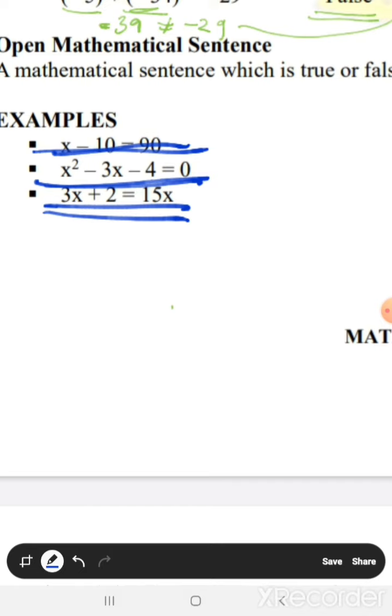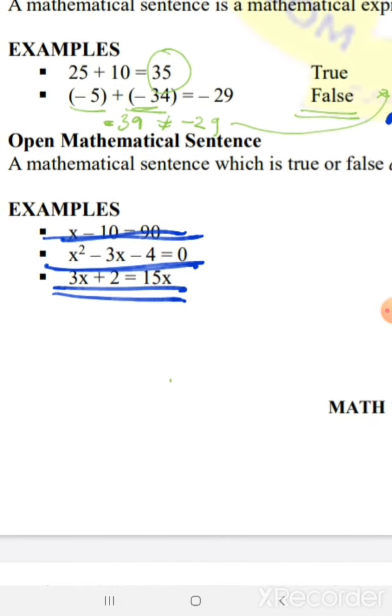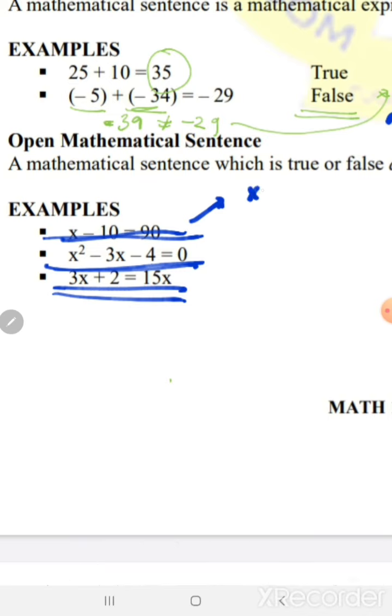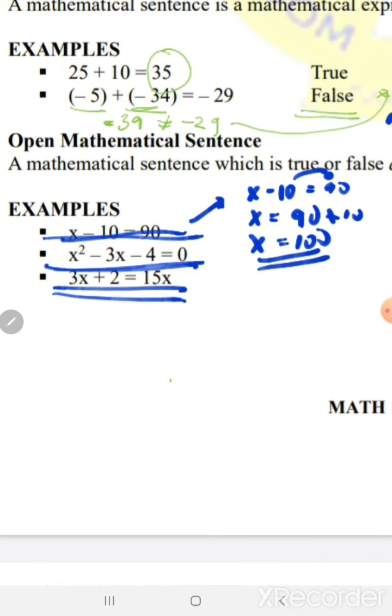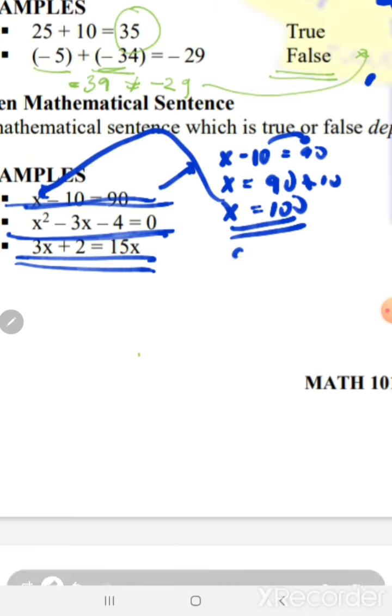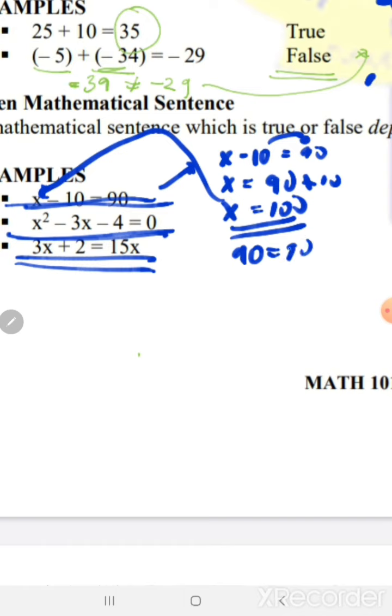Okay? What would make the example number 1 true? By solving it, x minus 10 is equal to 90. Transpose the 10 here, so x is equal to 90 plus 10, which is 100. This will make the equation true, right? If I substitute x with its value, I will get 90 equals 90.